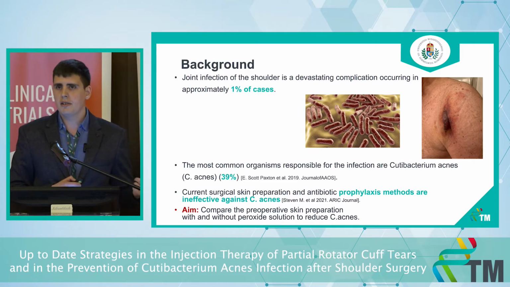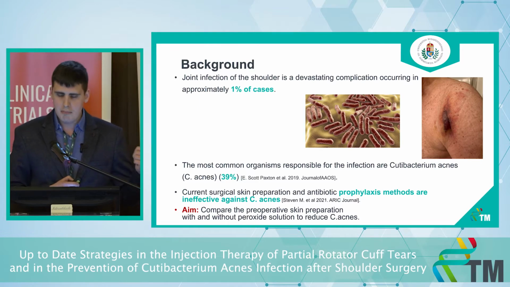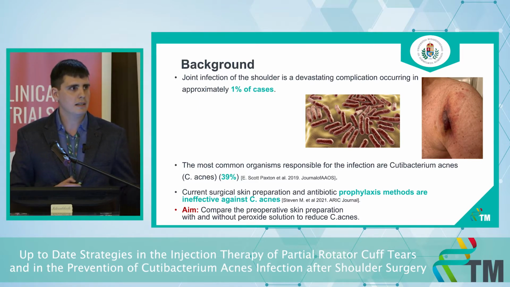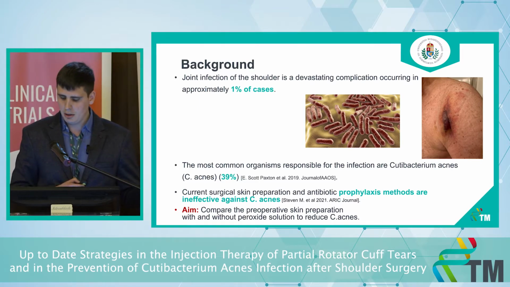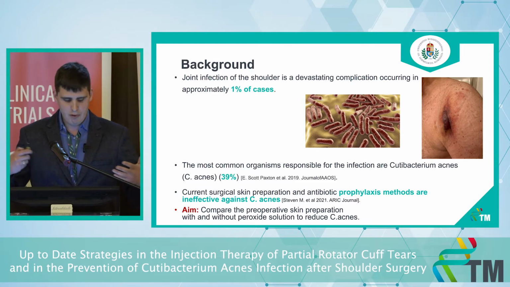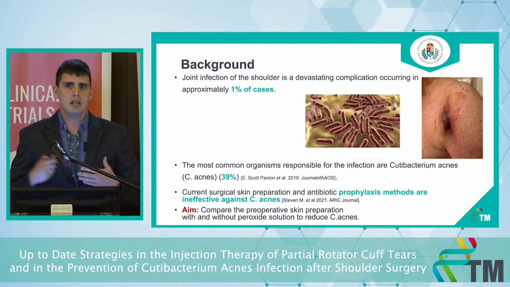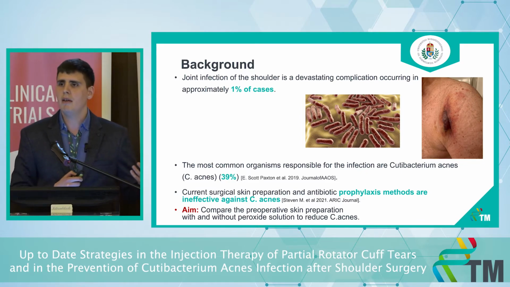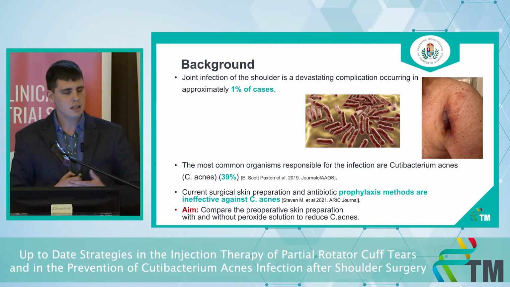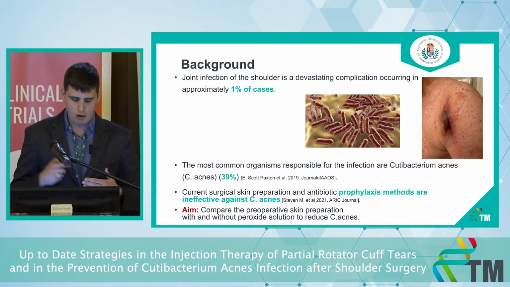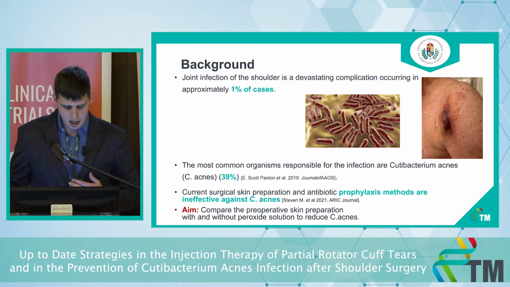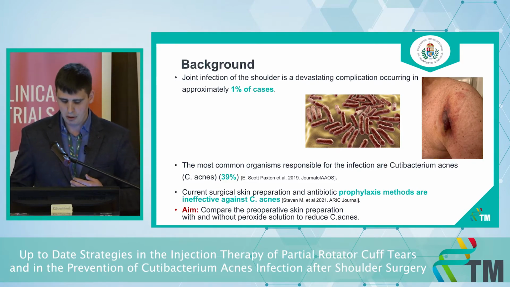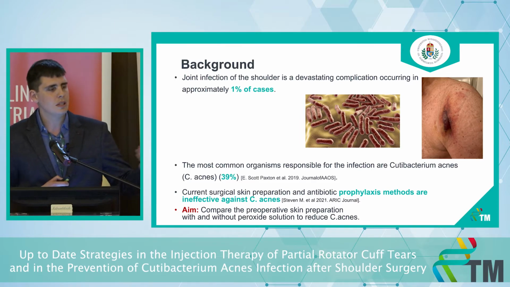Our current surgical skin preparation is alcohol-based, and we don't have a very effective skin preparation against C. acnes, but we have some RCTs which show the peroxide solution can reduce the C. acnes germ count. That's why the aim of our study is to compare preoperative skin preparation with and without peroxide solution to reduce C. acnes.